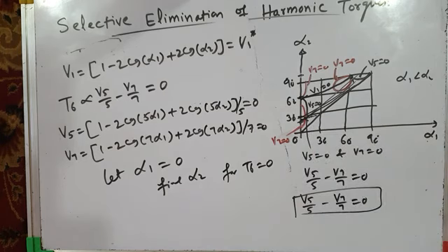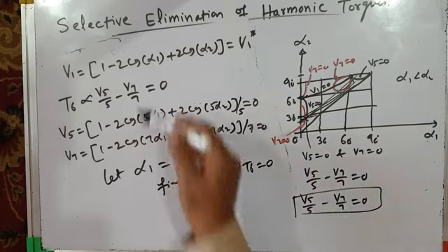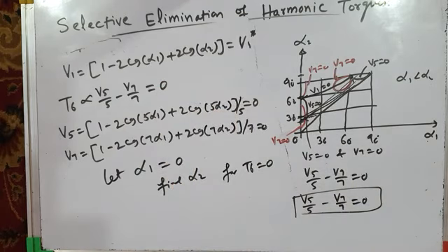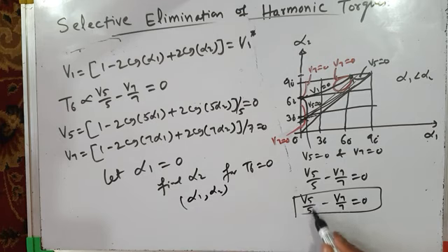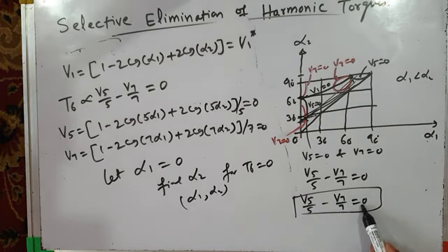Okay. So therefore we have these two equations and two unknowns. We solve them using numerical iterative procedures, and we get different combinations of alpha 1 and alpha 2 for which this equation is fulfilled. That is V5 by 5 minus V7 by 7 equal to 0, and V1 will be equal to V1 star.